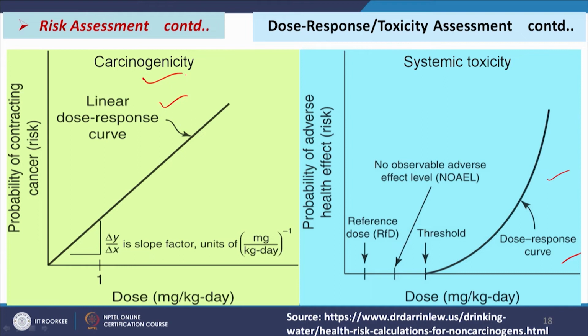Here del y by del x, if this is del y and this is x: y is the probability of contracting cancer, that is risk, and x is your dose. So, del y by del x gives the slope factor. This slope factor value determines the risk, the more the slope factor value, the more the risk. It will shift this way for more risk, and this way for less risk.